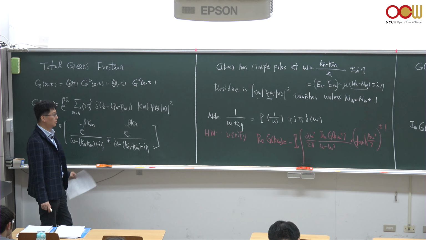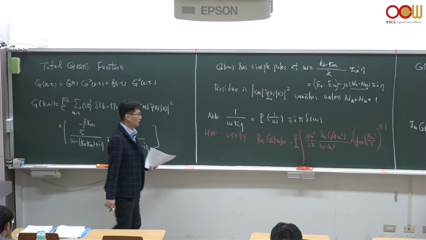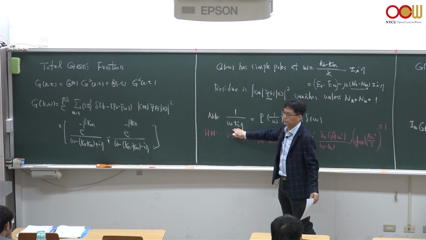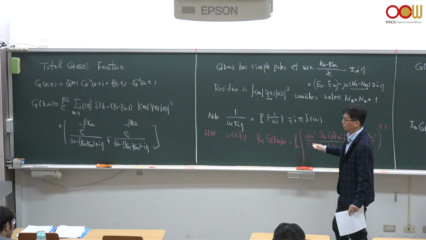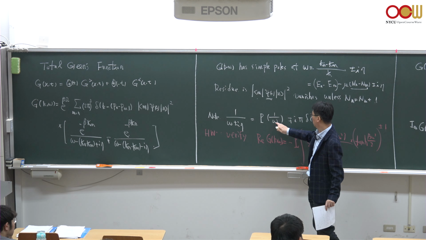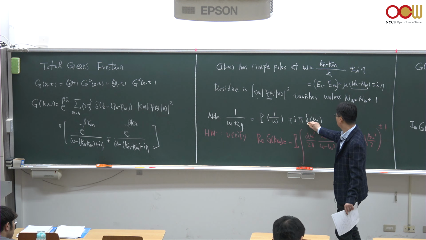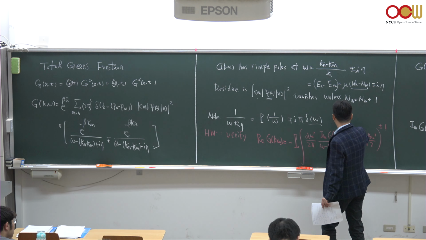Okay, so we will come back to this later, but let's just assume that we could perform such a calculation, and we could further decompose this energy denominator 1 over (ω plus or minus iη) into two parts: the real part, which is the principal value of 1 over ω, and the imaginary part, minus or plus iπ times the delta function. So this is from the Cauchy theorem, right?